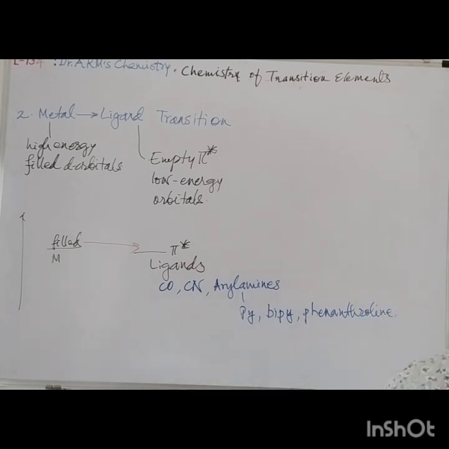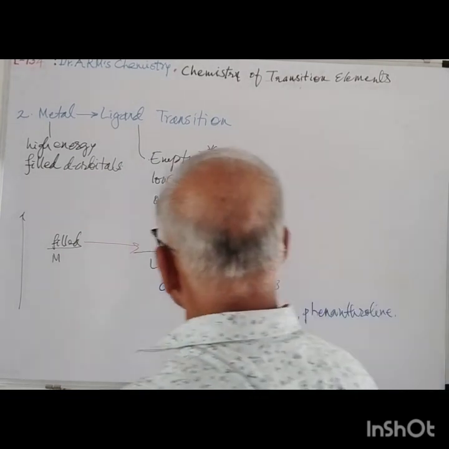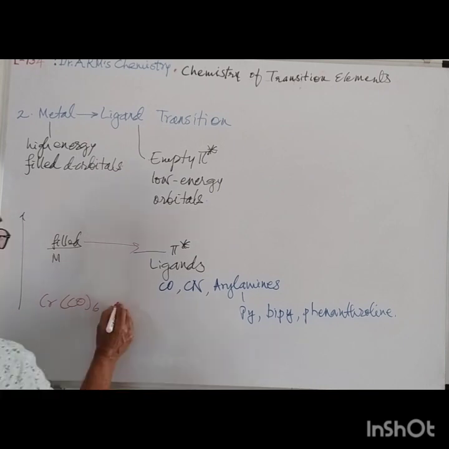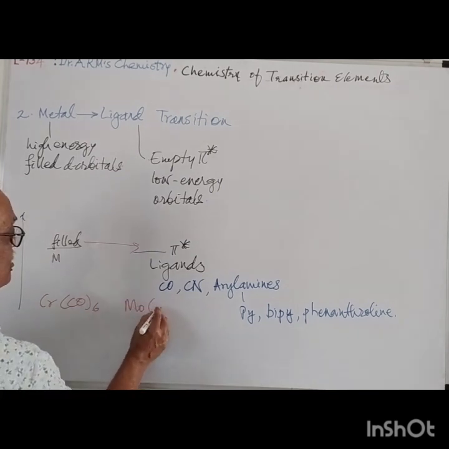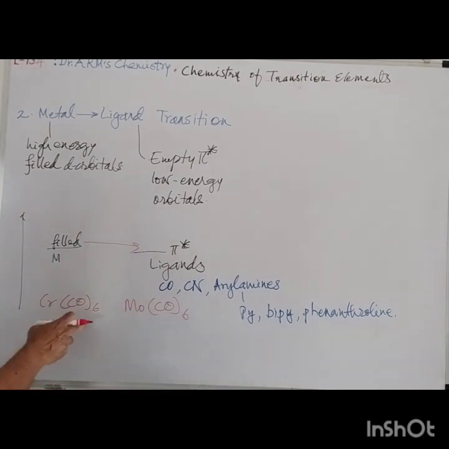For example, if we see the complex Cr(CO)6, or we can have the molybdenum complex Mo(CO)6, that is hexacarbonyl molybdenum and hexacarbonyl chromium.